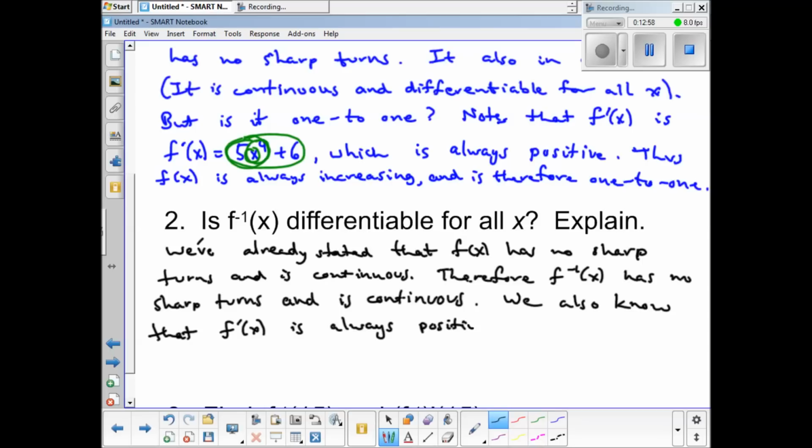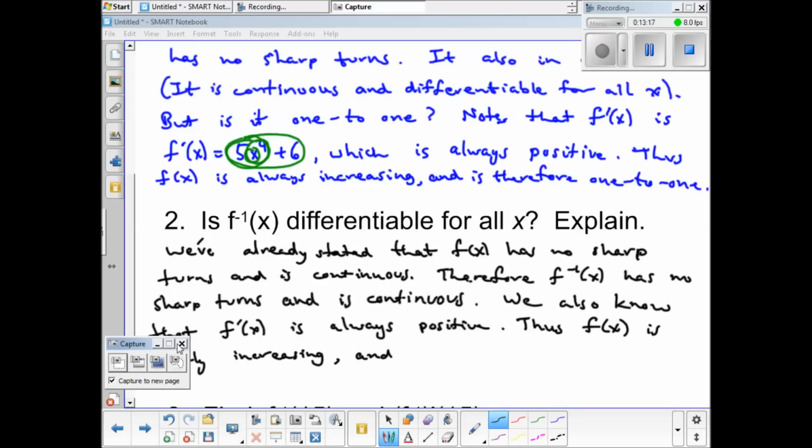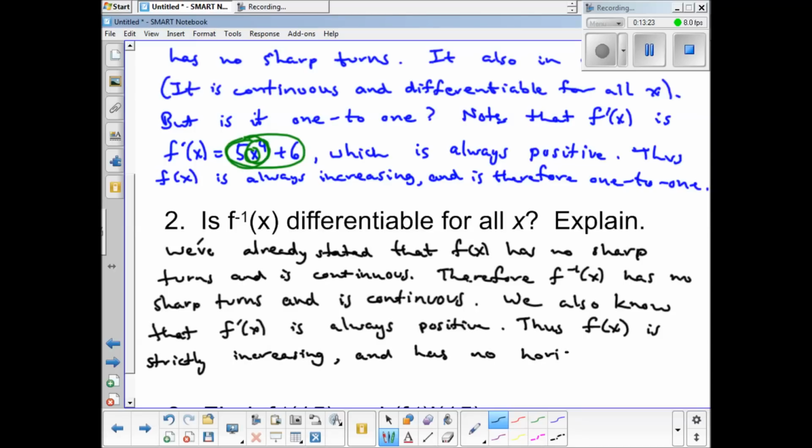So if you go back to part 1, we already argued that. Thus, f of x is strictly increasing and has no horizontal tangents.